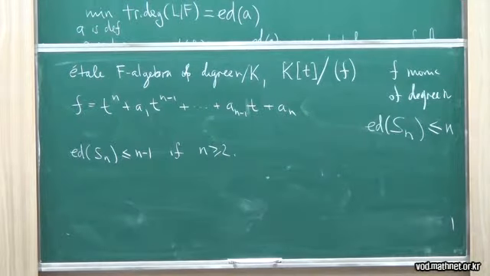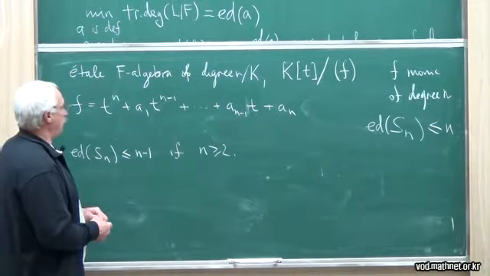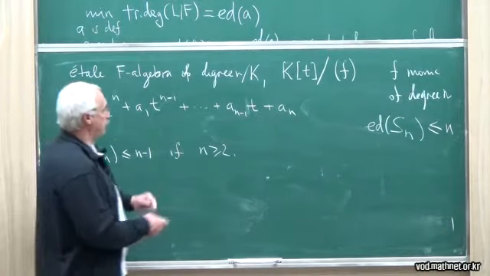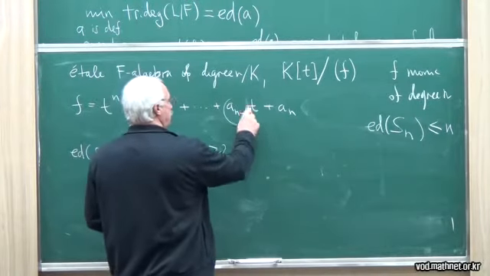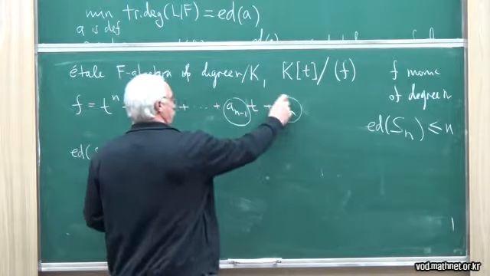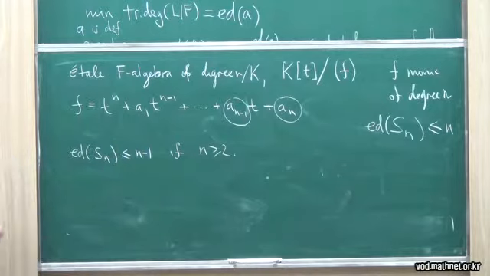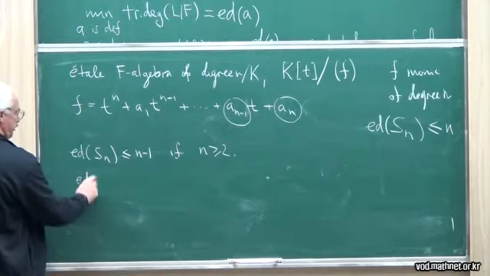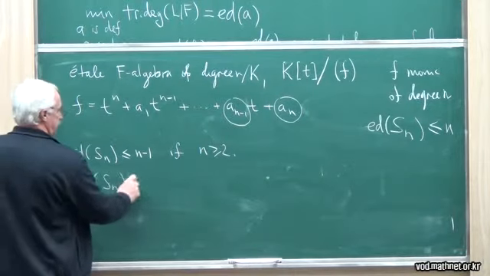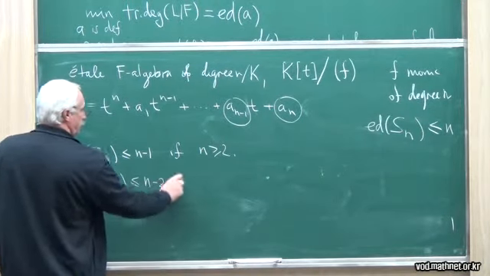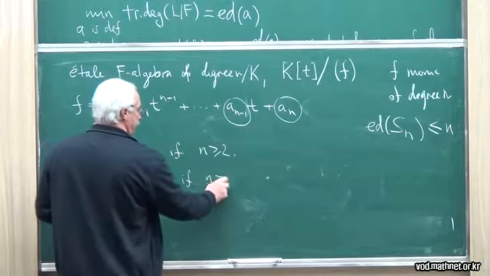But you can do better. You can scale the variable t, and you can make these two coefficients equal by multiplying t by some constant. So we see that the essential dimension of Sn is at most n minus 2 if n is at least 3.